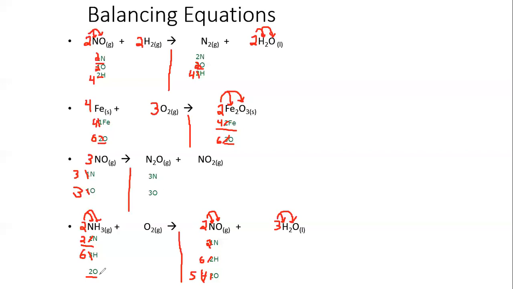But what we can do is, if we go back and if we double the coefficients on the product side, then we get 10 oxygen. So what I mean is, instead of a 2, if we put a 4, and instead of a 3, we put a 6.